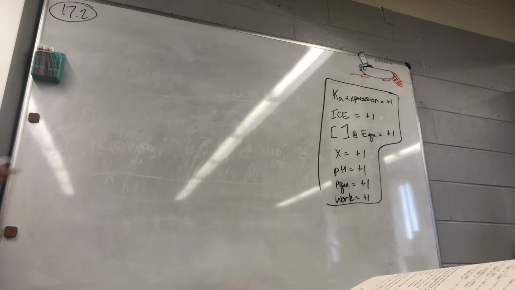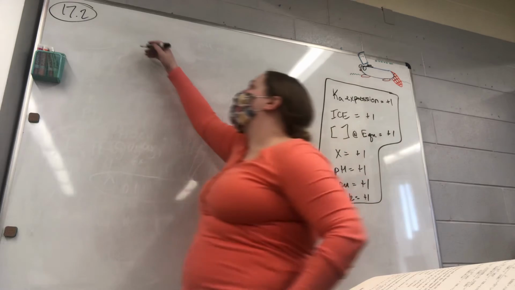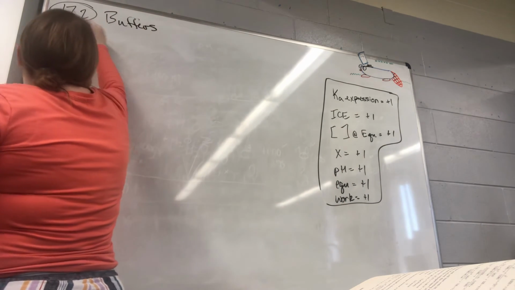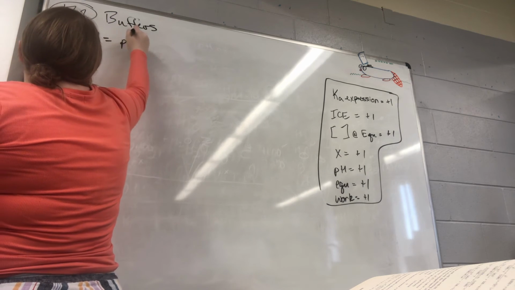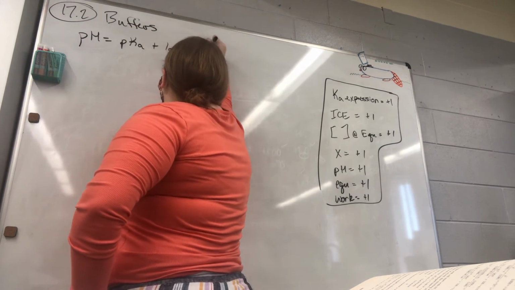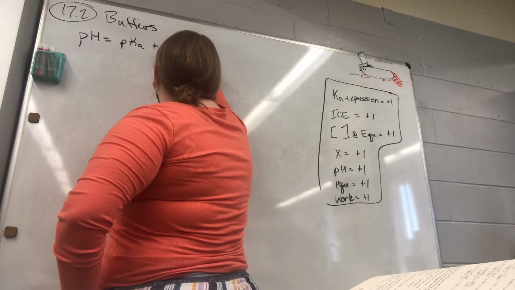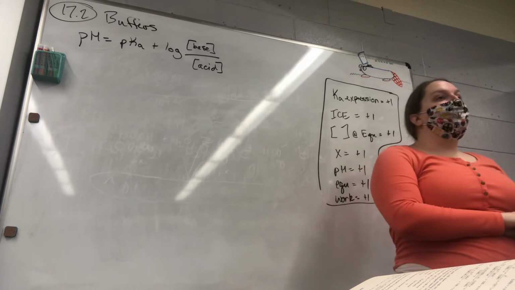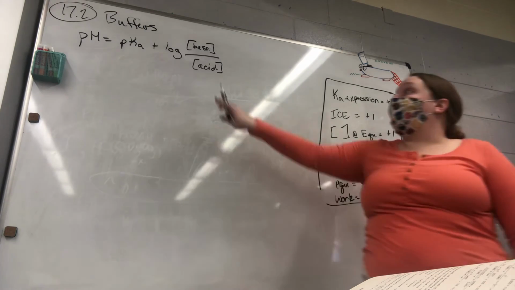All right, let's talk about Henderson-Hasselbalch. With Henderson-Hasselbalch, I think the hardest part is identifying the acid and the base that you're given to work with. Please remember you have to have concentrations.